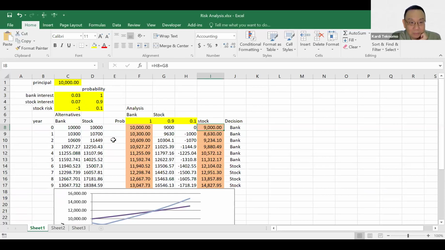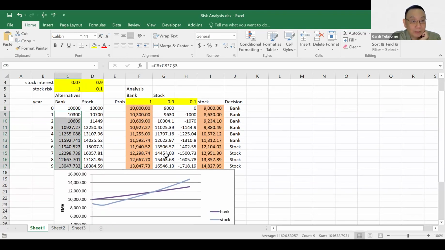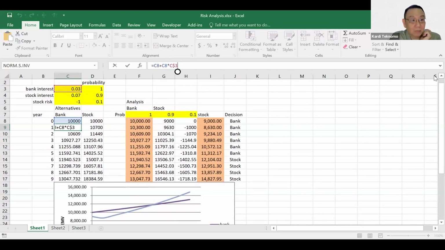But because this is interest, you can extend it into multiple years. You can compute the second year based on the first year, and the first year again depends on year 0 with the bank interest. In the stock, you can do the same with the stock interest.